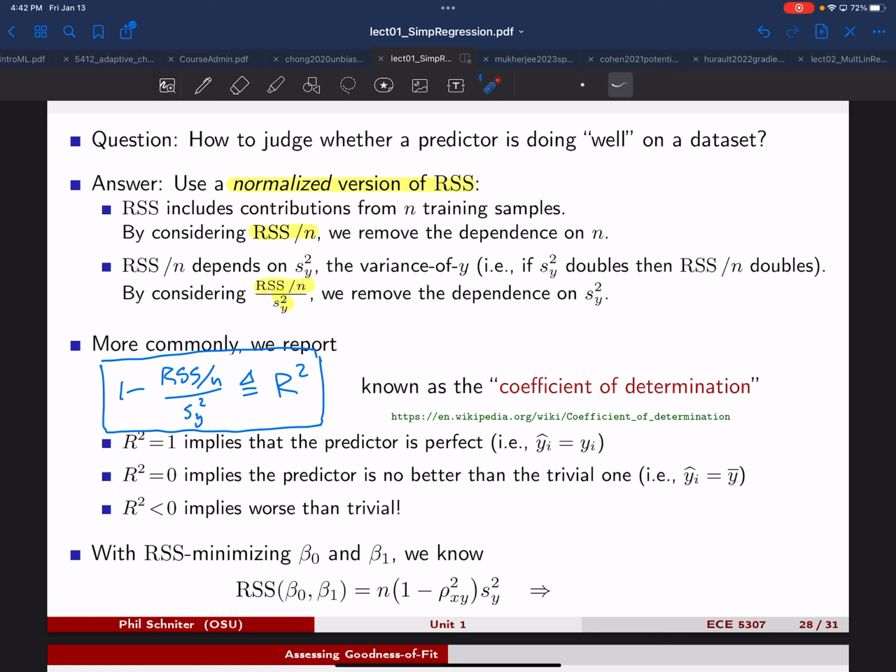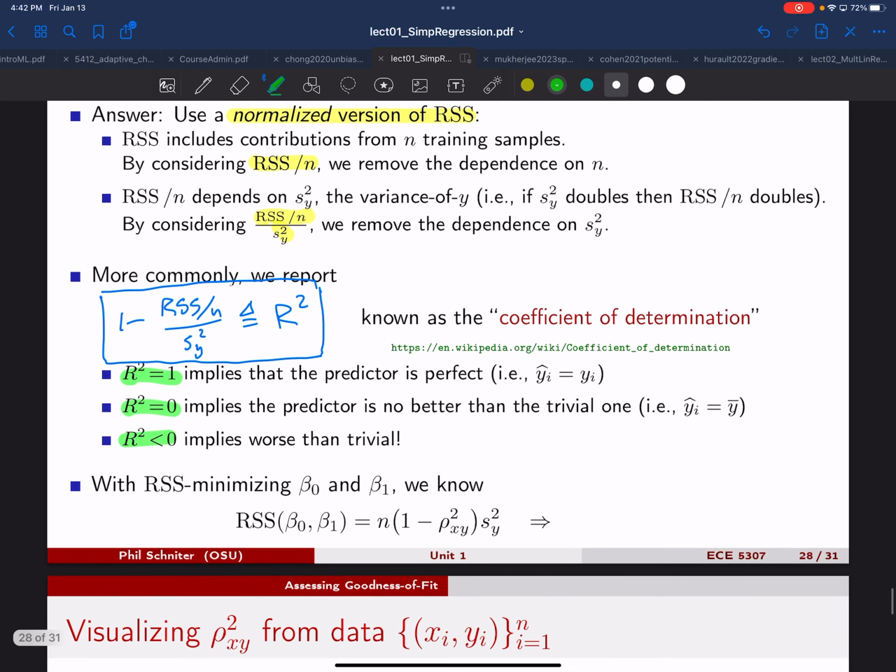So you could say there's two of them. There's the trivial predictor, which gives you r squared equals 0. The optimal predictor in the worst case gives you r squared equals 0. And if you ever see negative r squared, it means it's worse than trivial and certainly not optimal. Those are the main things we want to understand, these meanings of r squared.